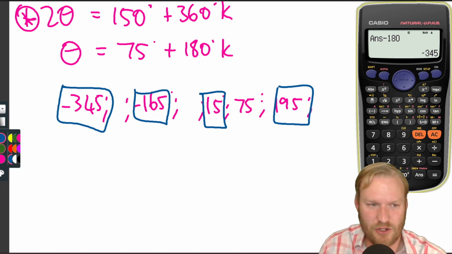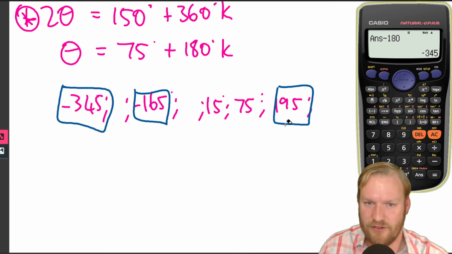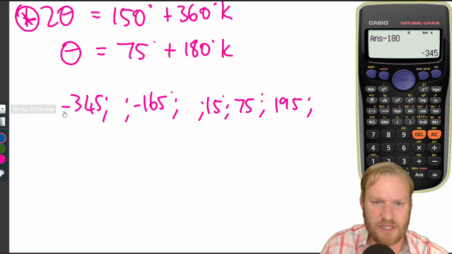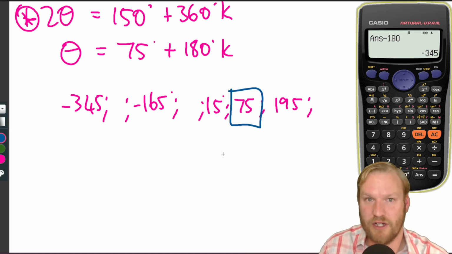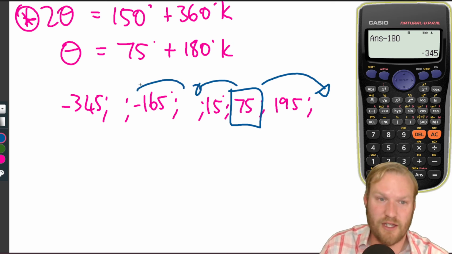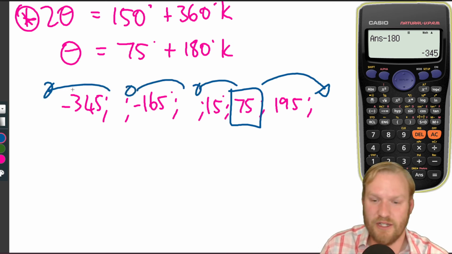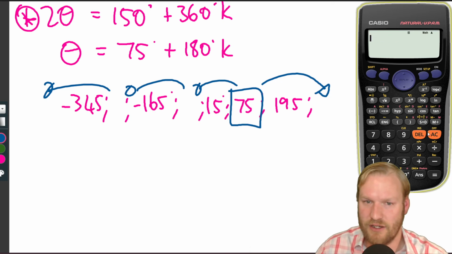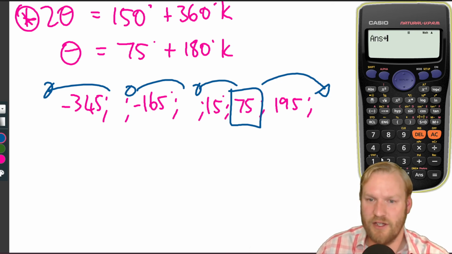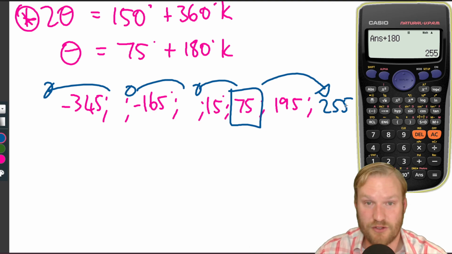Now we just need to look at the 75. That 75 gave us one solution, but it's going to repeat itself every 180 degrees. So if we take 75 degrees and add 180, we get 255, so that would be another solution.